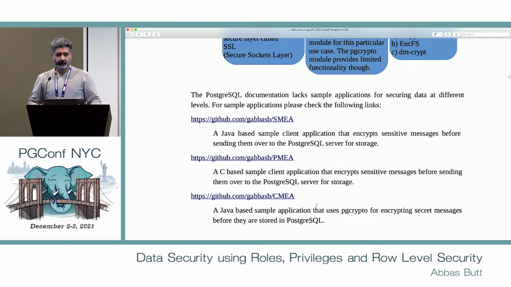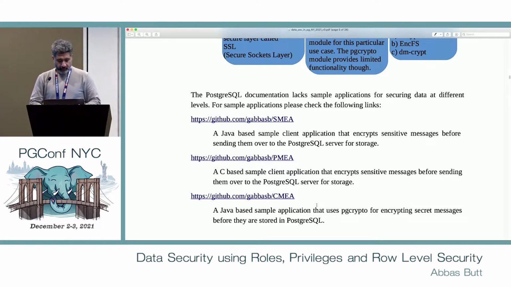They are basically secure message exchange applications. What they are doing is Alice is trying to send a secure message to Bob, which is going to get stored in a database table, and only Bob will be able to read the secure message. Not even the database administrator would be able to read what is written in the message.